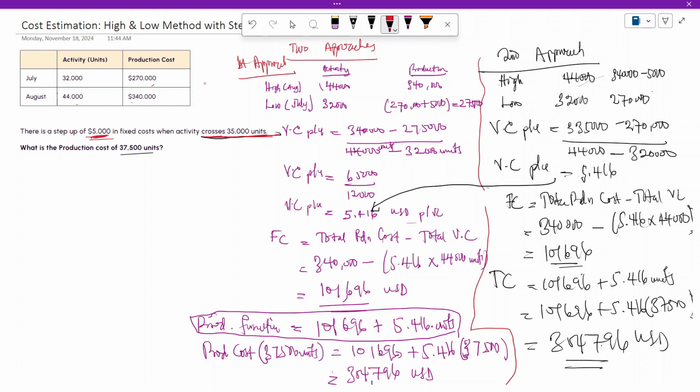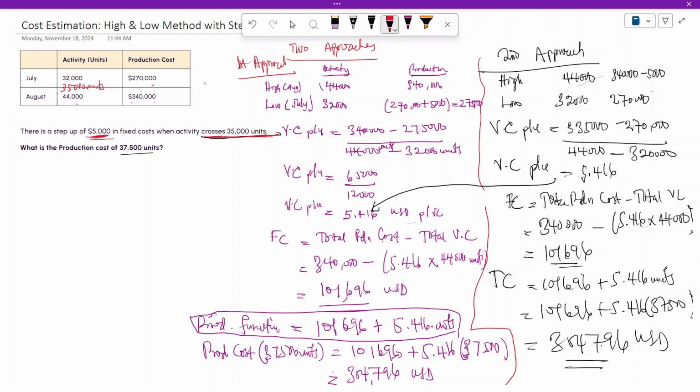And at 44,000, the associated cost is 340,000. The question further says there is a step up of 5,000 in fixed cost when activity crosses 35,000. So between 32,000 and 44,000, there is 35,000 units in between.